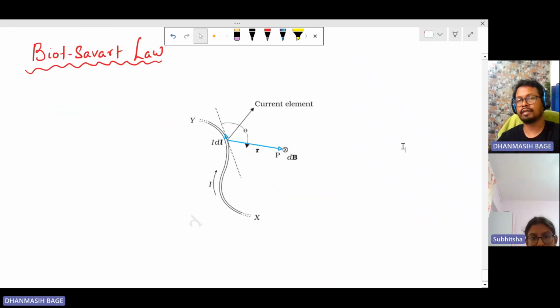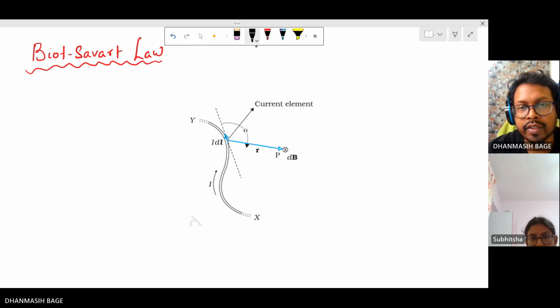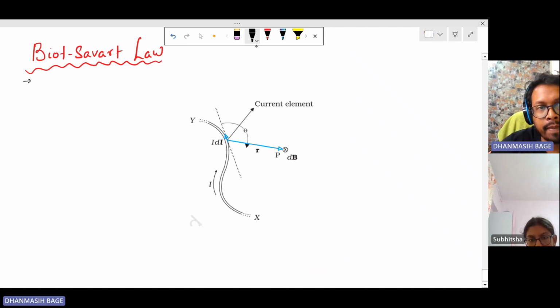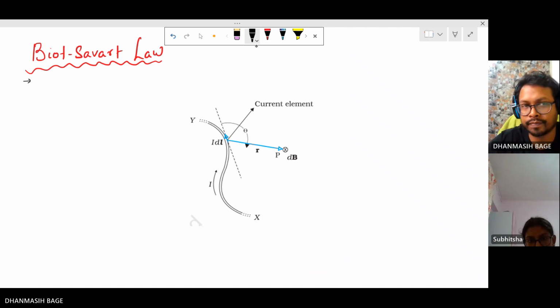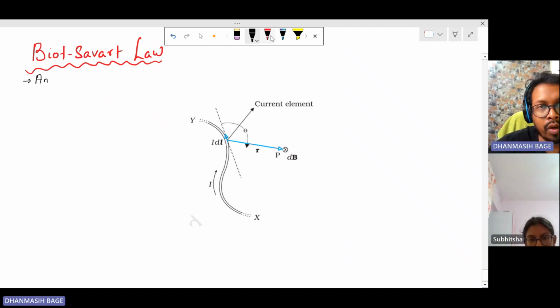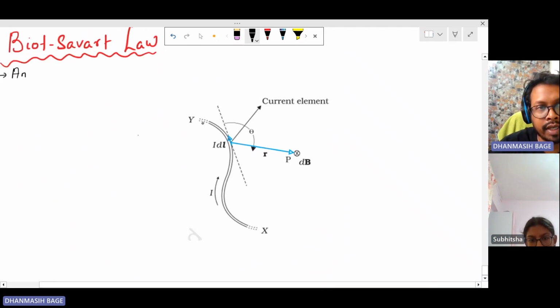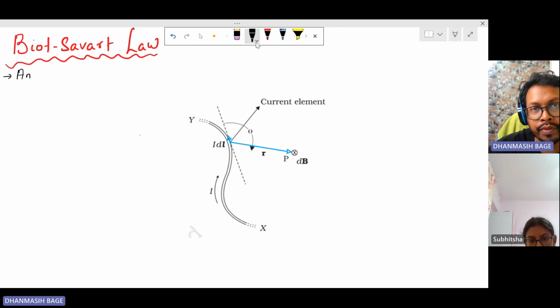Let us say that this is a wire. This is what is given to you. So one thing is, first you note down this thing that we know that any current carrying conductor produces a magnetic field, right? From the Orsted experiment, now it is very, very obvious for us that any current carrying conductor produces a magnetic field.